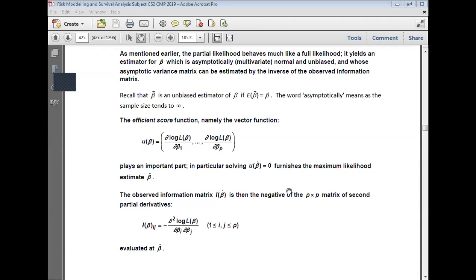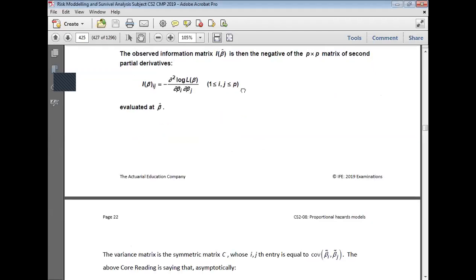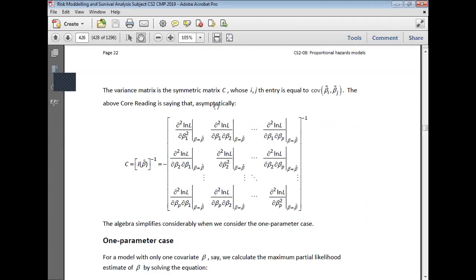So we have this. But now what about the second derivative? What happens with the second derivative is that we have something known as the information matrix that gets created. The name is complicated, but this is what you will ideally get.